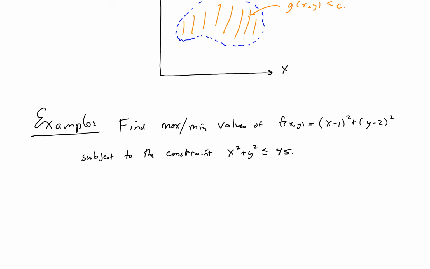Okay, so we want to find the maximum and minimum values of f(x,y) equals (x minus 1) squared plus (y minus 2) squared, with the constraint that the values of x and y are all inside or on the disk of radius square root of 45.